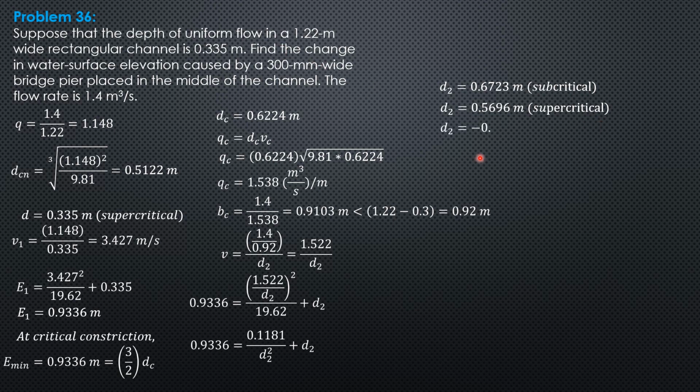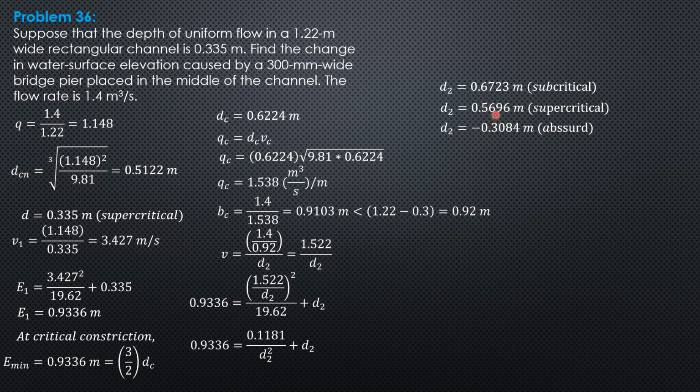And the third root is discarded because it is negative. Therefore, since there is no mechanism for a jump to occur, it is just a barrier, so the flow remains supercritical, and this is the value of depth 2 due to the presence of the barrier.